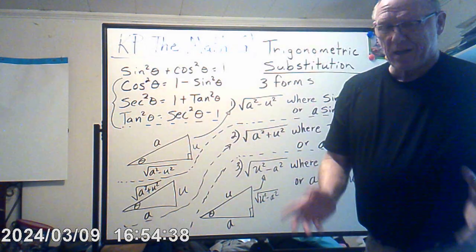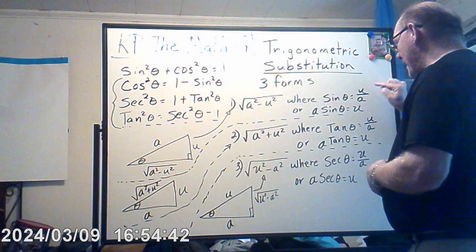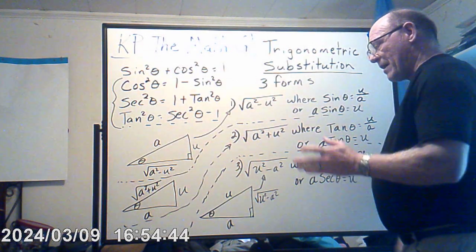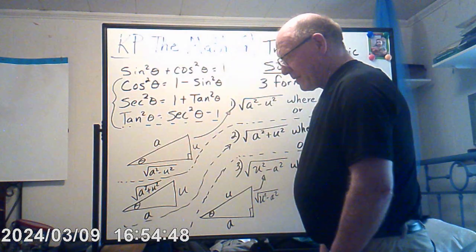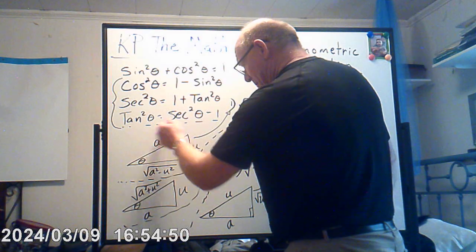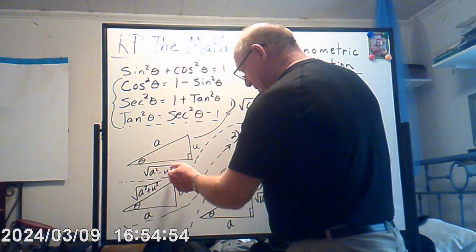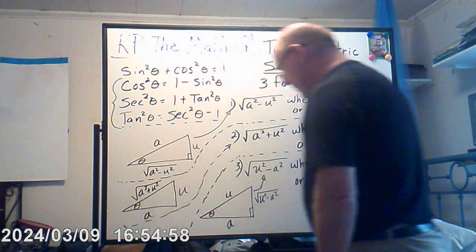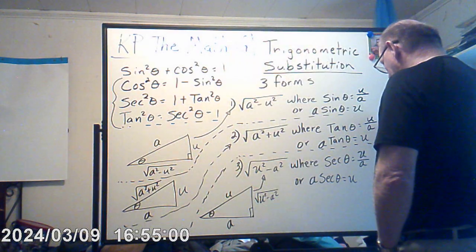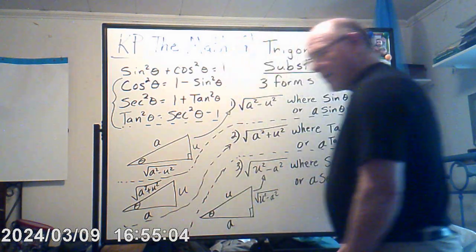What helps me to understand the triangles is just understanding U over A is opposite over hypotenuse. That's going to be sine. And then, of course, your hypotenuse squared minus your x squared, square root of that. Tangent, again, is opposite over adjacent. Always set it up that way.